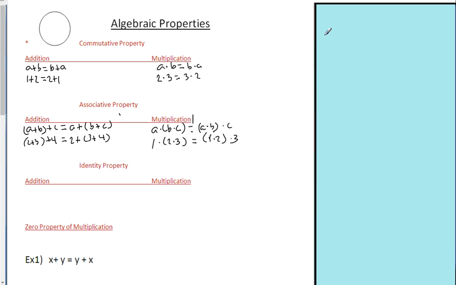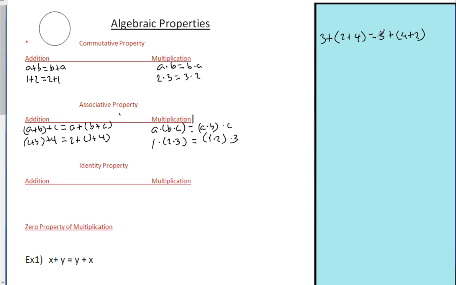So let me give you an example here. If I had 3 plus 2 plus 4, it's the same as 3 plus 4 plus 2. What I'm going to ask you here is this commutative or is this associative?